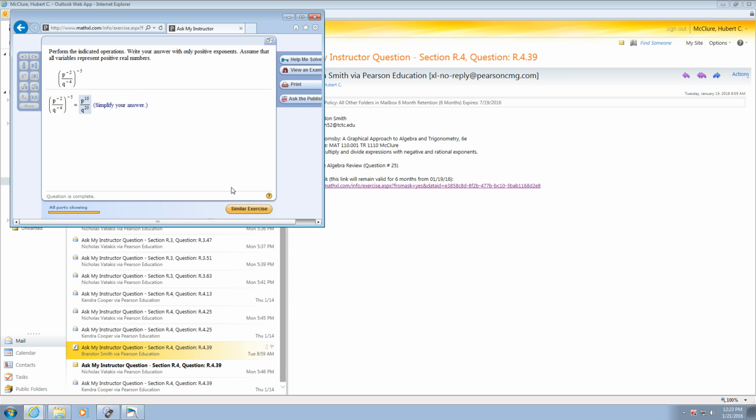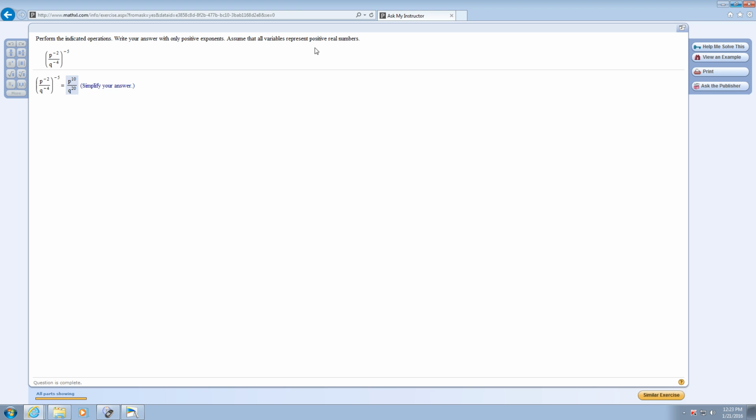Several different ways to do it, and you'll get the same answer. P to the -2 over Q to the -4, all raised to the -5th power. I'm going to go ahead and use the power rule because I don't like to flip it and all that.